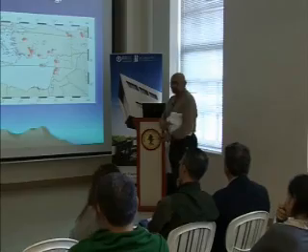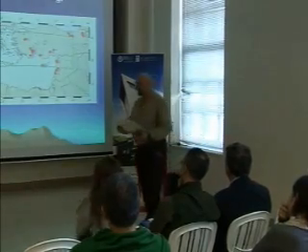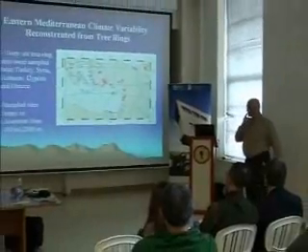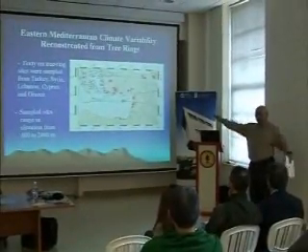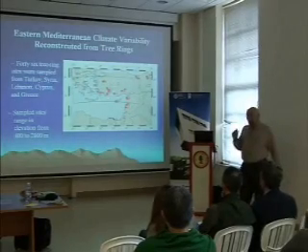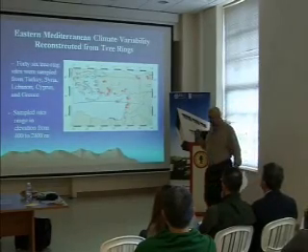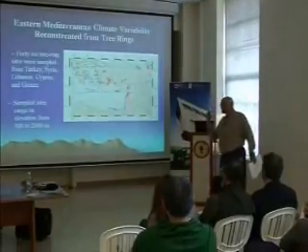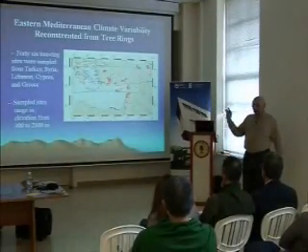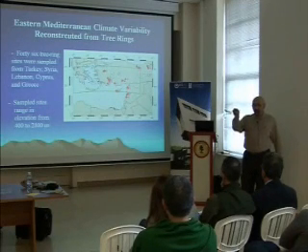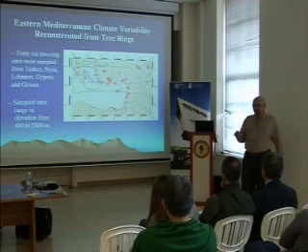Now, after this, we got $6,000 from NSF for our regional study. The idea was to start the study in Turkey, Syria, Jordan, and then I extended to Lebanon, Greece, and Cyprus.